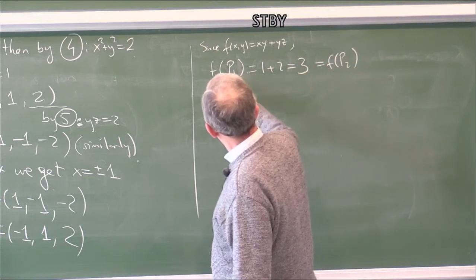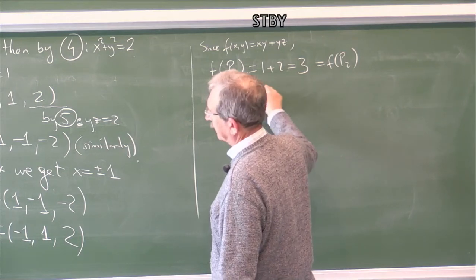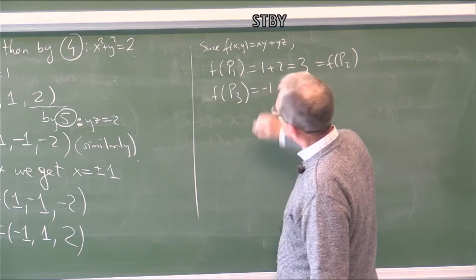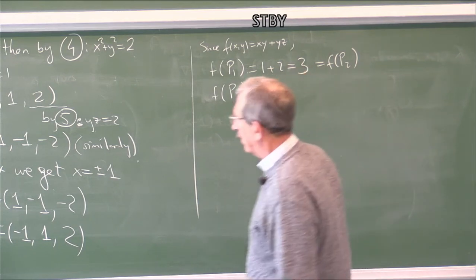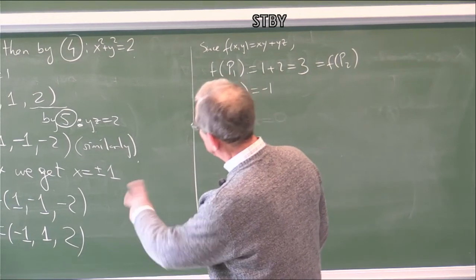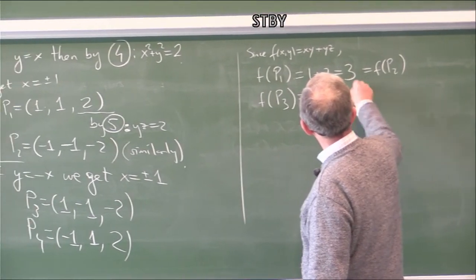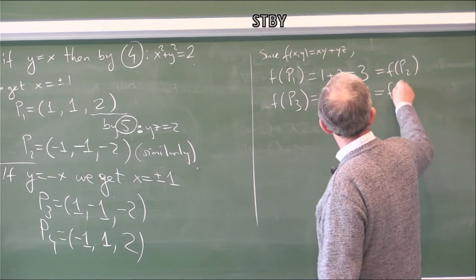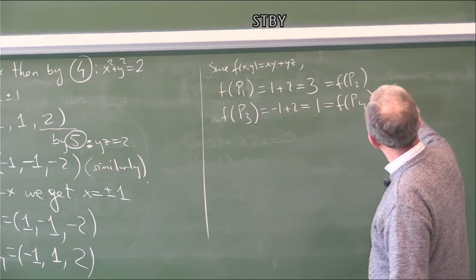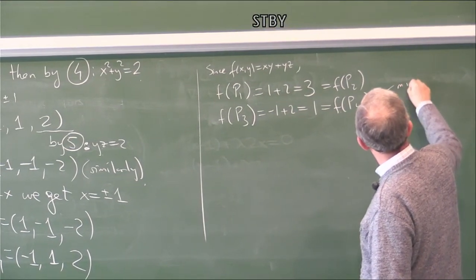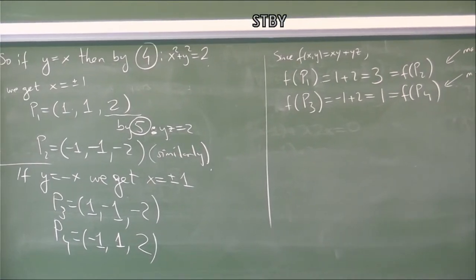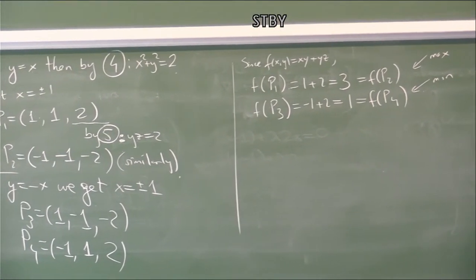And f of p3, that is, they are oppositely signed now, would give us minus 1. And that's xy. And yz would be 2, so this would be 1. But that's the same as p4. So this is the minimum. This is the maximum value. They occur at 2 points.